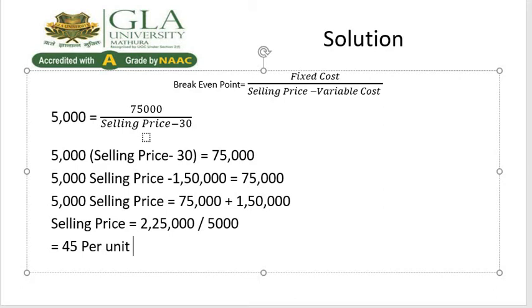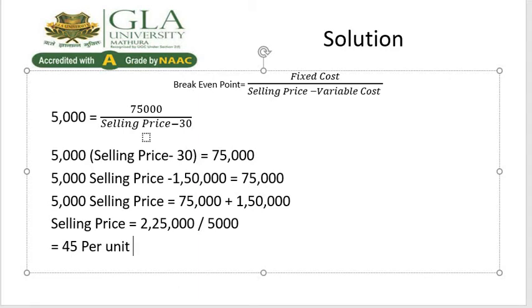Now we solve this numerical in the same pattern as our previous numerical. One is in case of 7,000 units and second one is in case of 9,500 units.